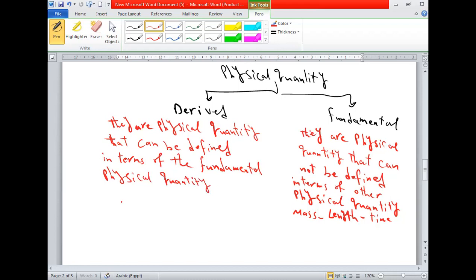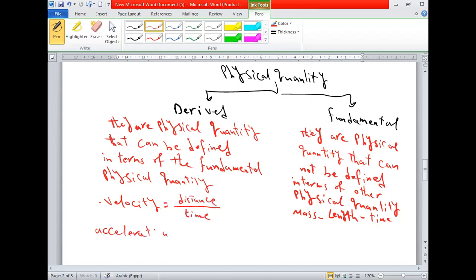For example, velocity and acceleration. What is velocity? Velocity is distance over time.